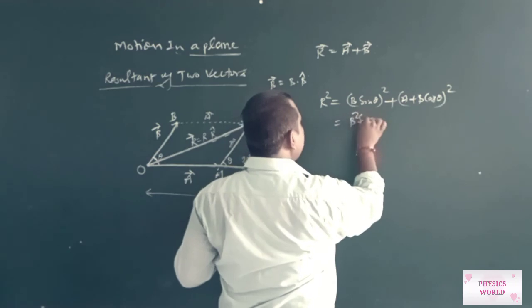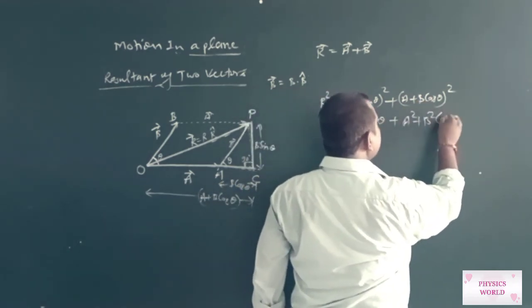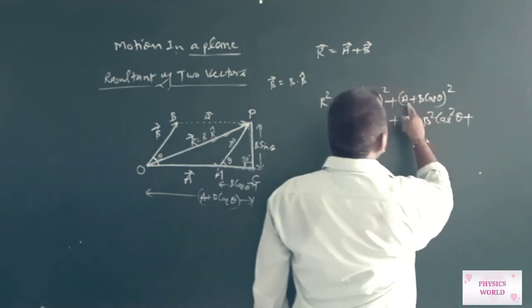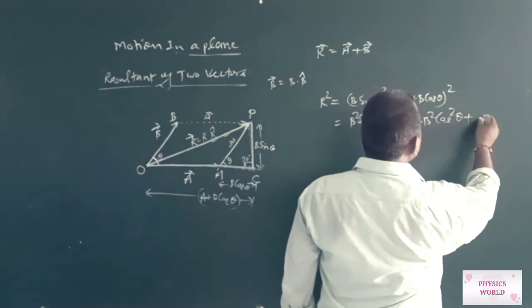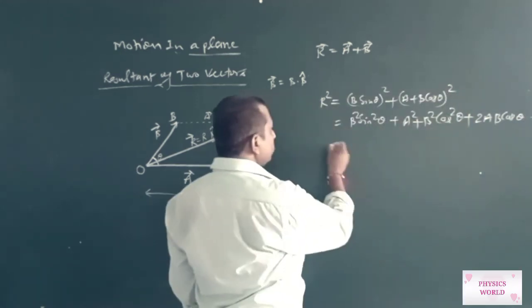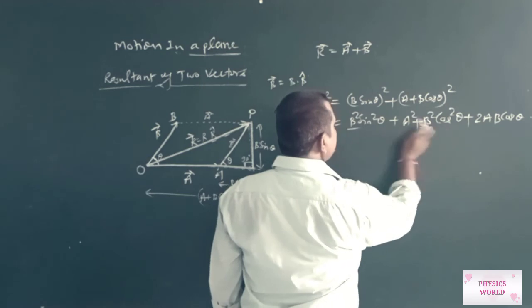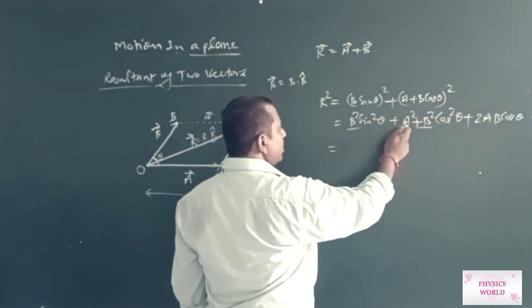So this will be equal to B square sine square theta plus A square plus B square cos square theta plus 2AB cos theta. If we take B square common from these two terms, then sin square theta plus cos square theta becomes 1.